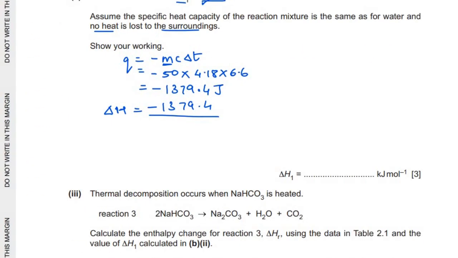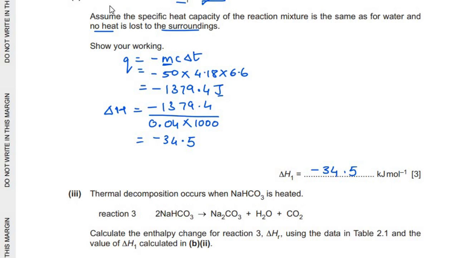So we'll divide it by 0.04. Now again we are changing joules into kilojoules, so we'll have to divide it by 1000. If we divide, we get the answer as minus 34.5 kilojoules. So here our answer is minus 34.5 kilojoules per mole.